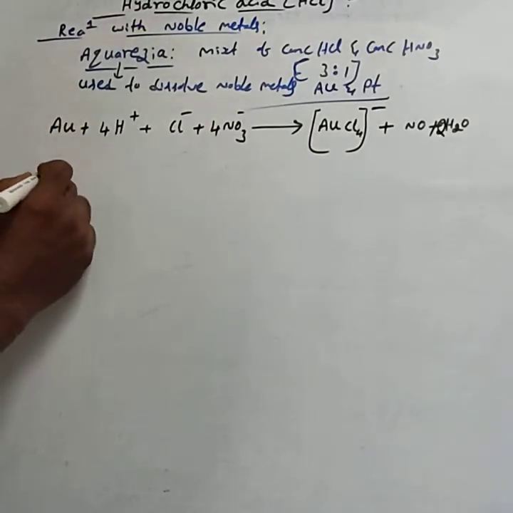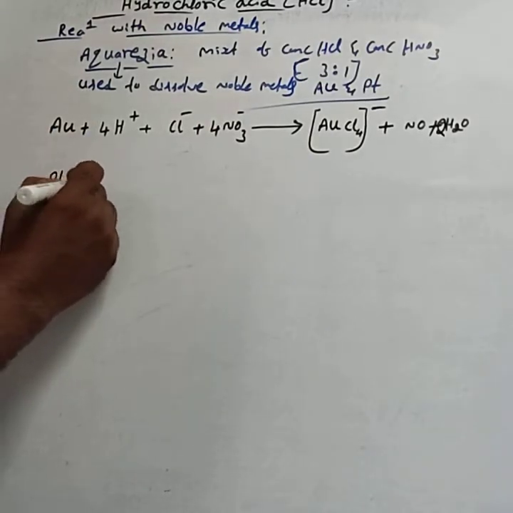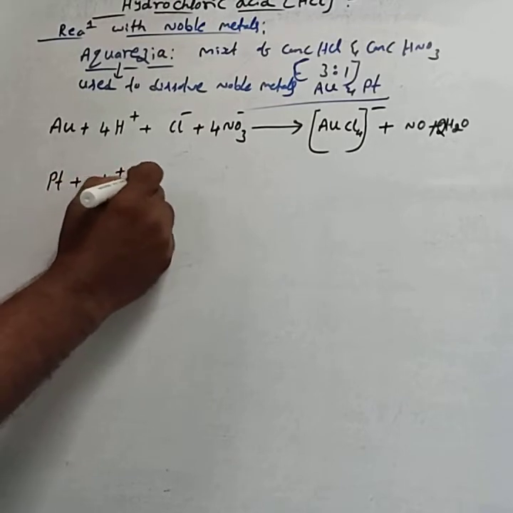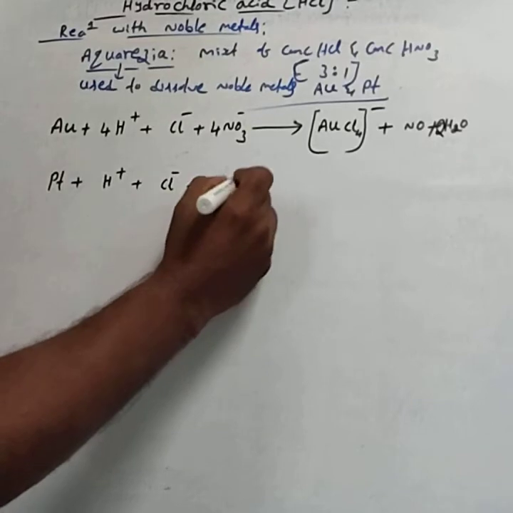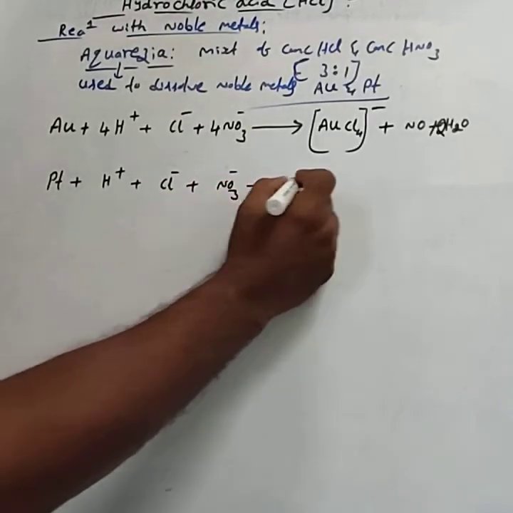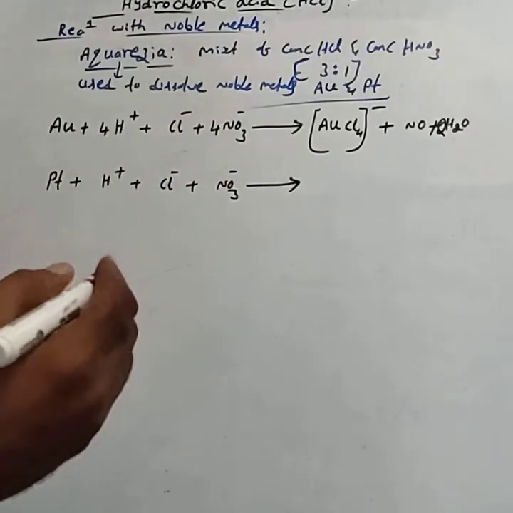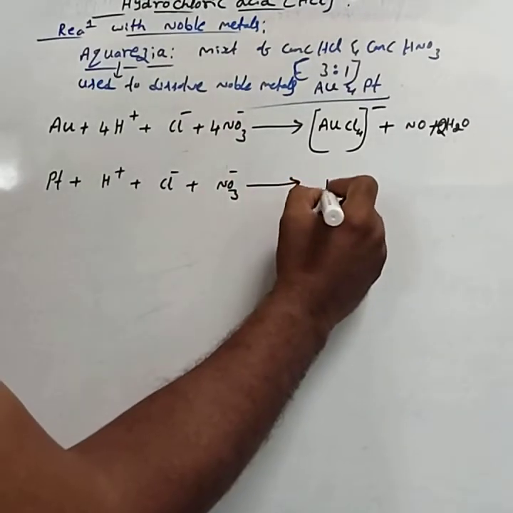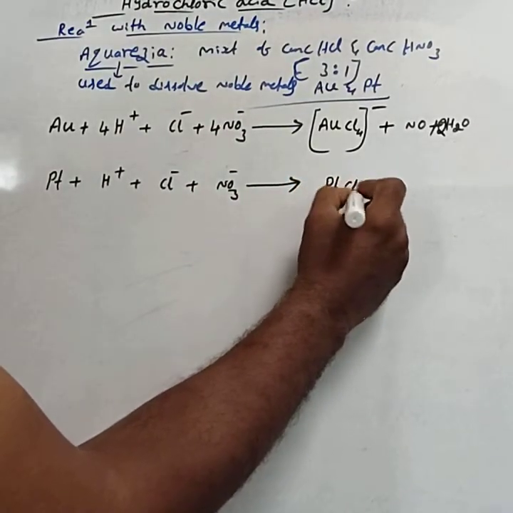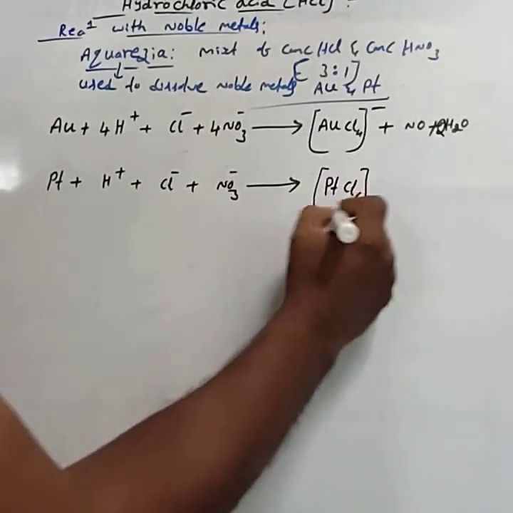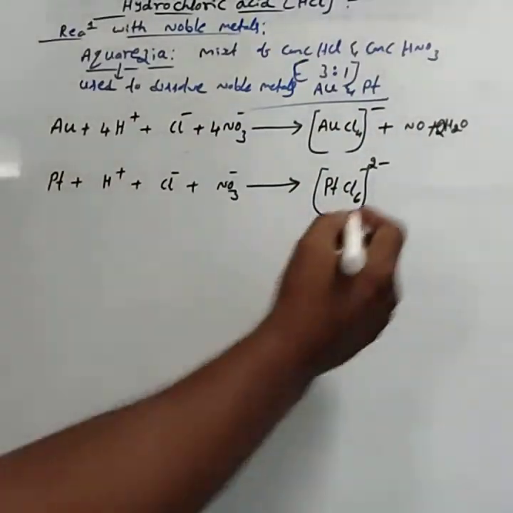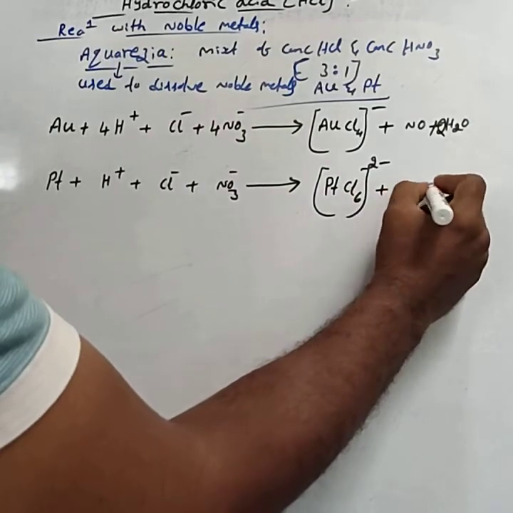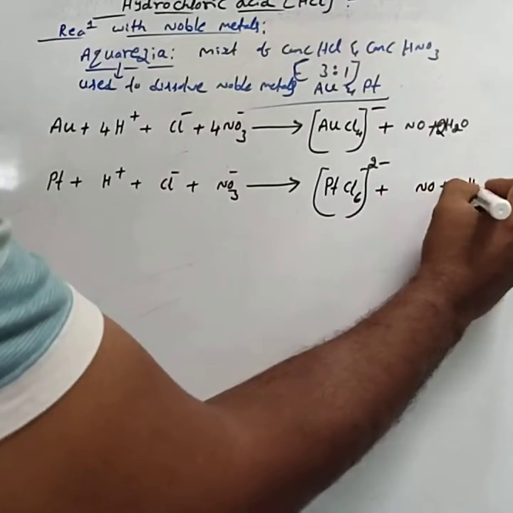Similarly, for platinum, Pt, with H plus, Cl minus, and NO3 minus, the nitrate ion, the platinum dissolves in aqua regia and forms PtCl6 2 minus. The charges are very important. It forms NO and H2O.